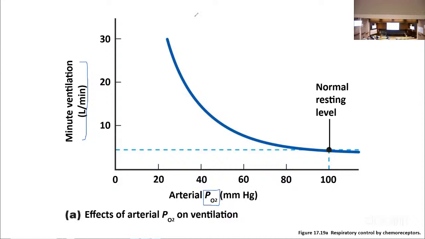So we can see that our normal partial pressure of oxygen here gives us a certain minute ventilation, right? As our partial pressure of oxygen drops, it can drop a ways before we start to see major changes in the minute ventilation. So it's not till we get to, let's say, 60, before we start to see this really kick off and start to change your breathing, largely by changing your breathing rate at these lower levels of oxygen.